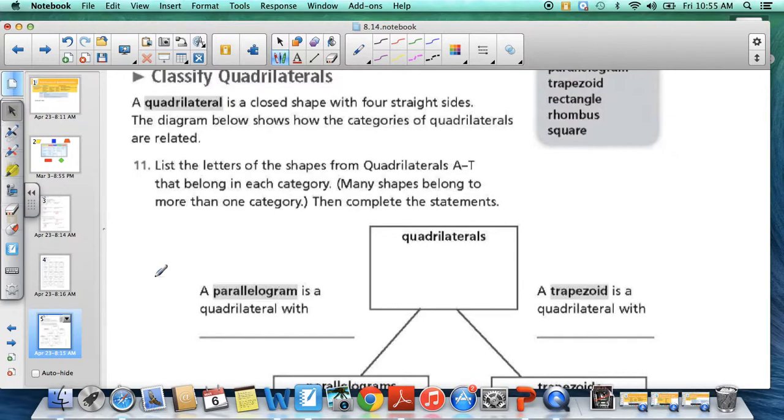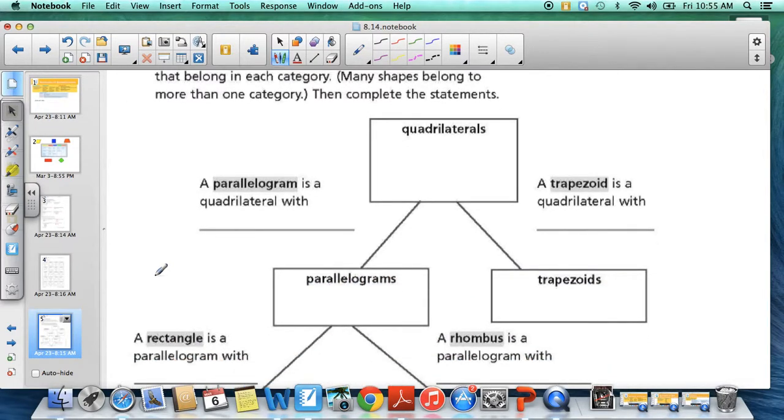Then complete the statements. Okay, so what we're going to do is I'm going to get out the little writing tool because it will make it a lot easier for me. And then we will start. So quadrilateral, let's see which of these shapes are classified as quadrilaterals.